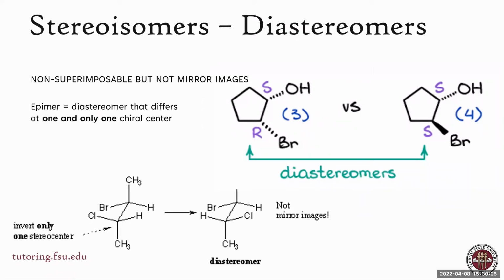Now this is another case of diastereomers. If only one of them is switched, they're still diastereomers, but they are epimers. They differ at one and only one chiral center. So in this case, this chiral center is different. These are epimers. They're also diastereomers, but more specifically epimers.